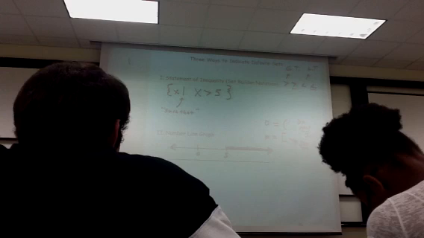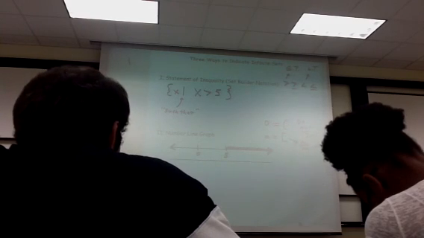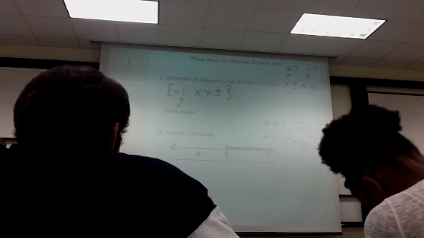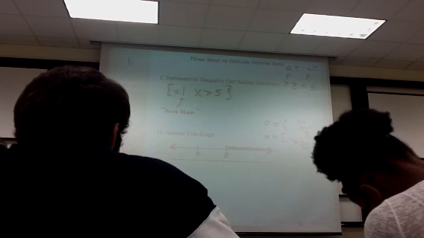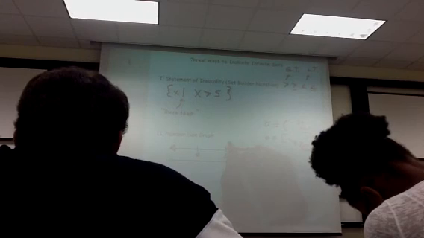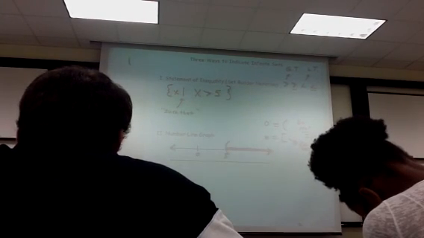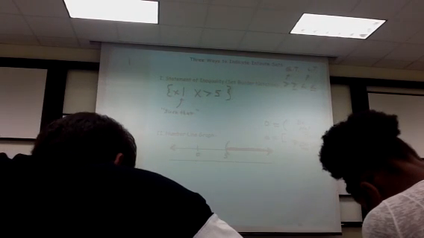And we're talking about every x, every value greater than 5. Do I want to include 5? No. So I will use the parentheses. Think y'all can handle that relationship? Changing your open circle thinking to parentheses?